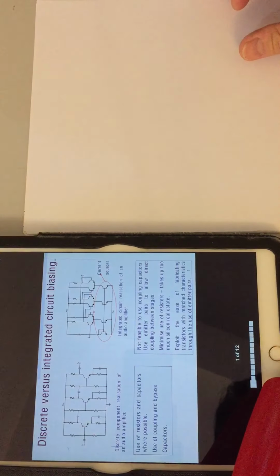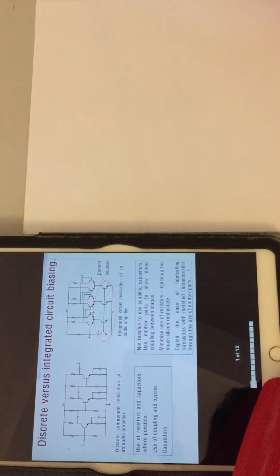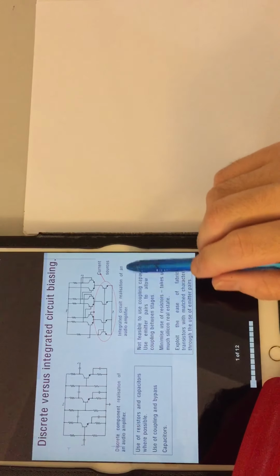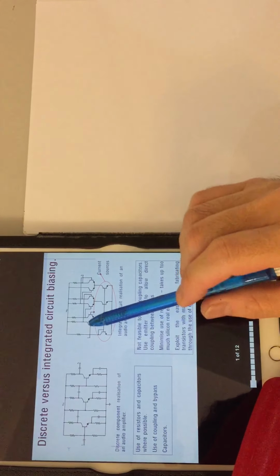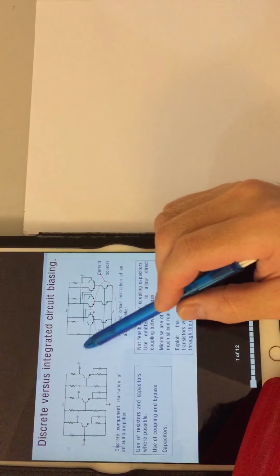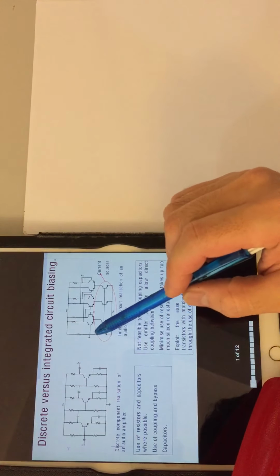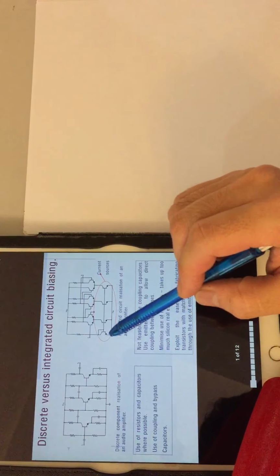In this video, we're going to continue on the lecture for the integrated circuits biasing, which covers the constant current sources. If we're referring to the first slide, the integrated circuits realization of the audio amplifier. On the leftmost of the amplifier, there is a resistor together with a BJT at the bottom.